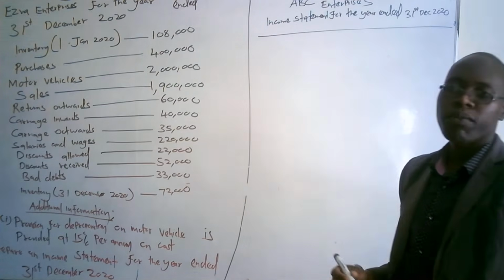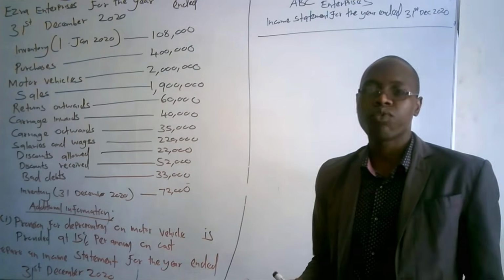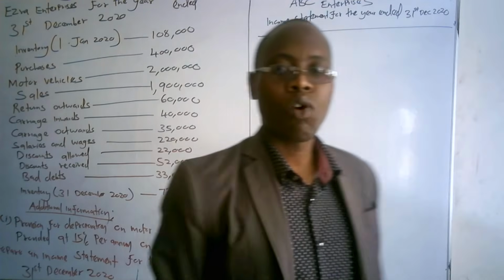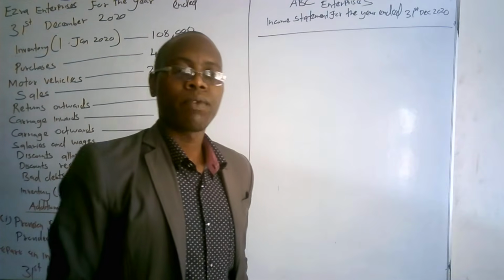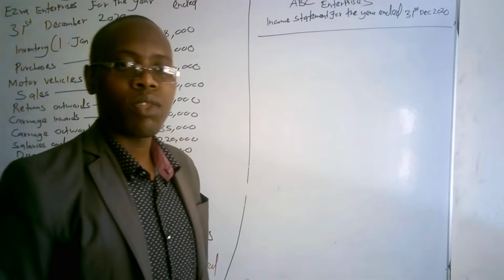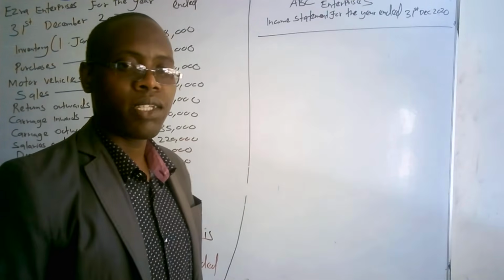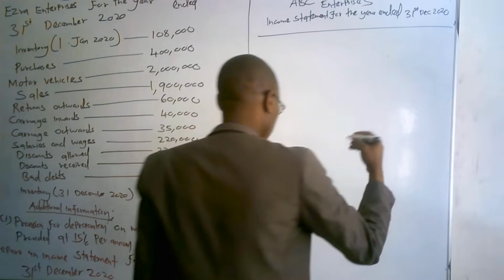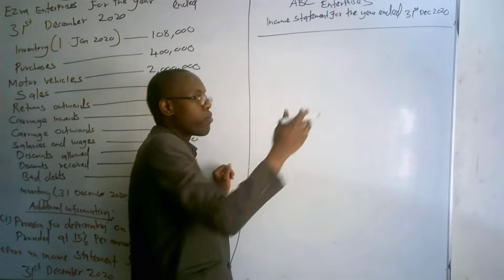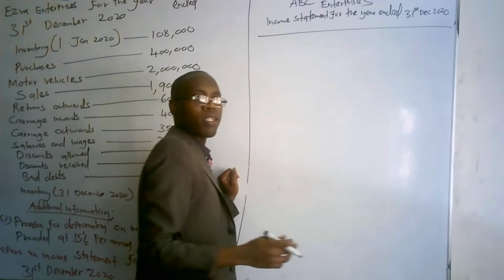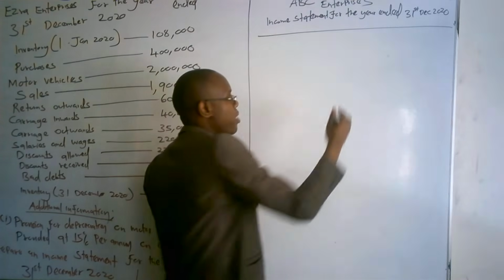Apart from the title, the next thing we need to understand is what we should start with. In the question, we always start with the sales. When preparing the income statement, if they have given you sales, that's where you start from. But before I start with those sales, I need to have 3 currency signs.